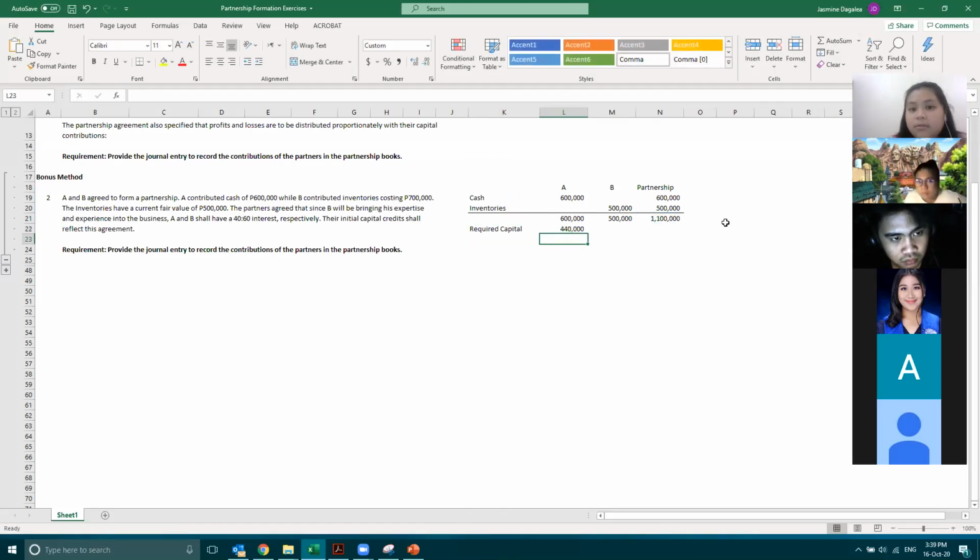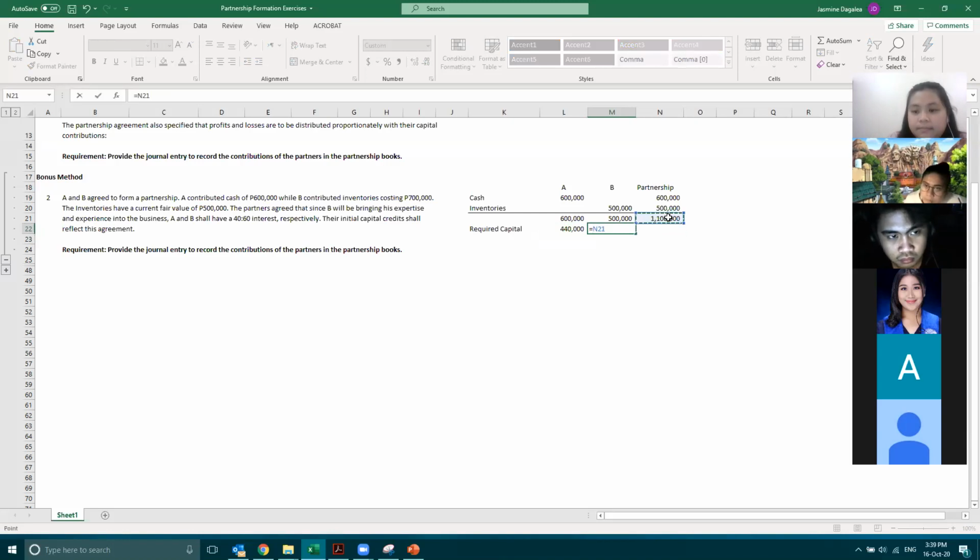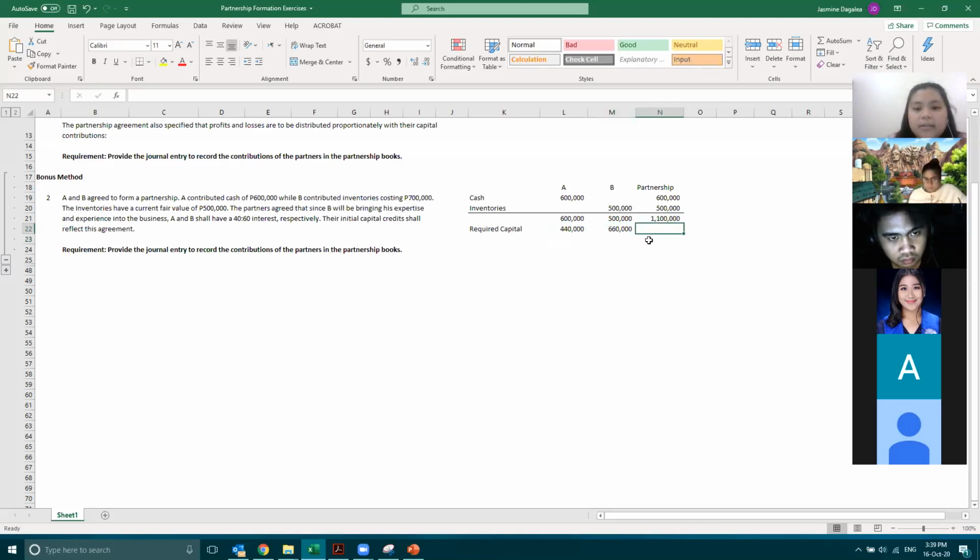Kay A, yung credit niya lang, required capital is 440. Kay B naman, 60%, 660,000.